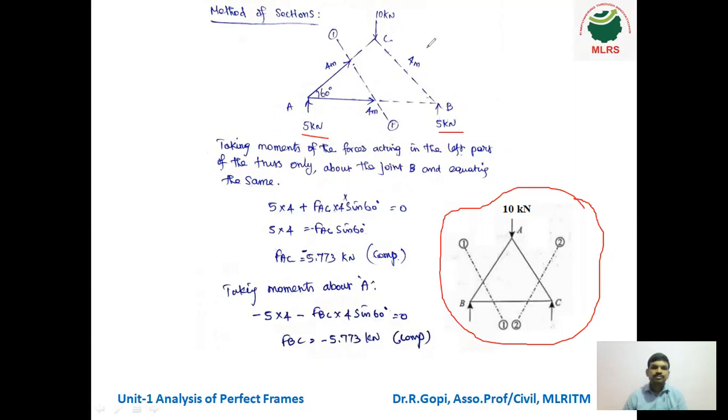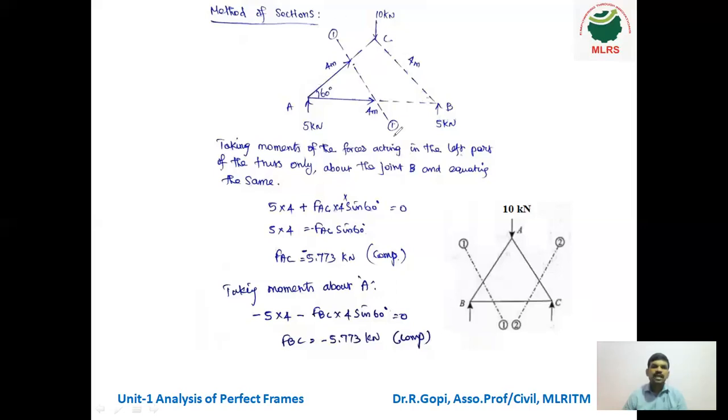For BC and BA, I have to draw a section line like this. This is 2, like this diagram. First we will move to the first section line.